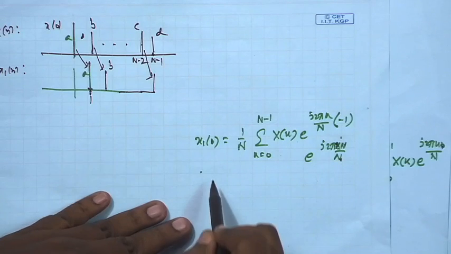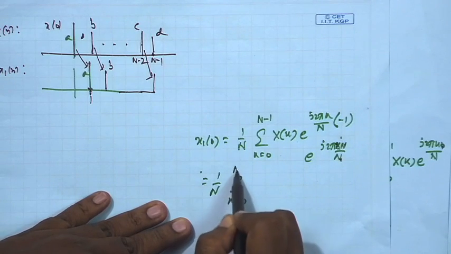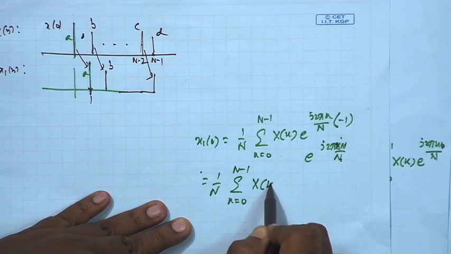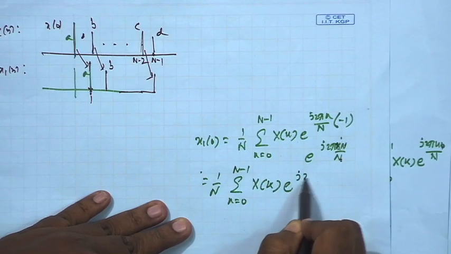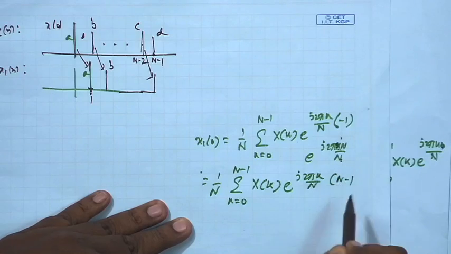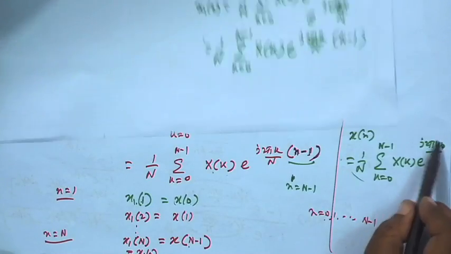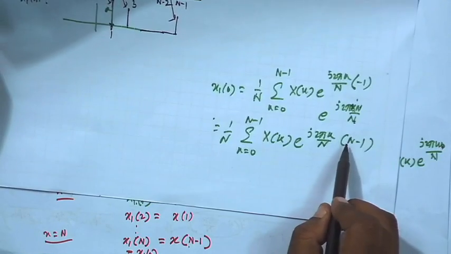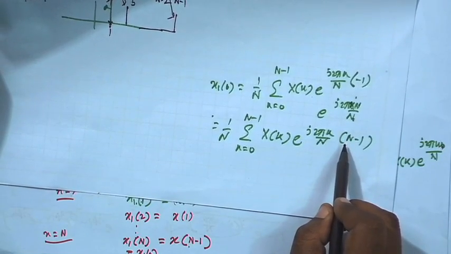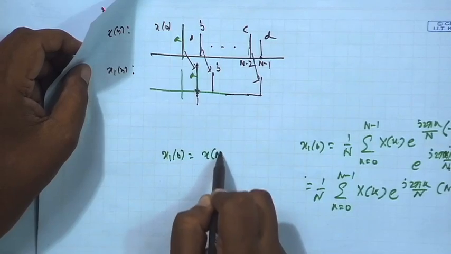So it becomes e to the power j 2 pi k by n into n minus 1. That is the same formula as this, small n replaced by capital N minus 1. That is, x 1 0 is x n minus 1.